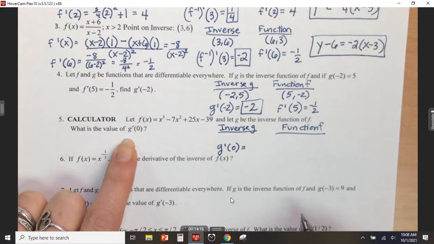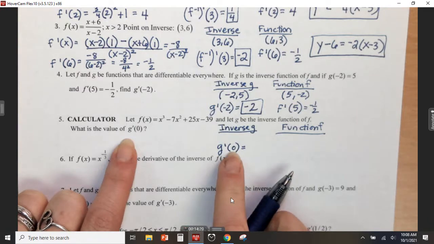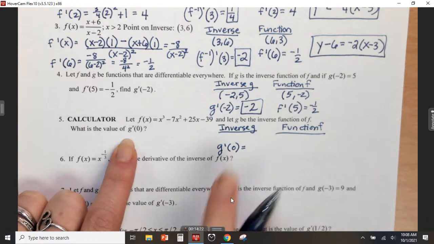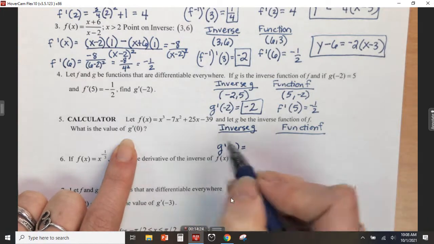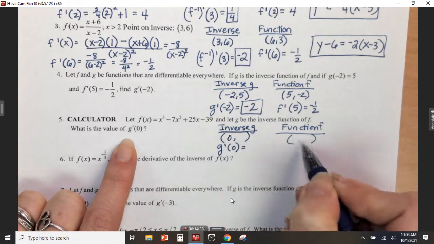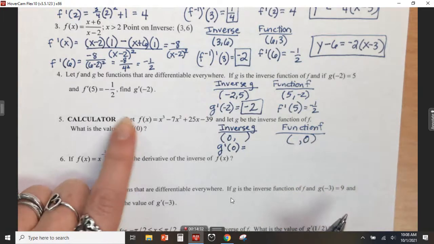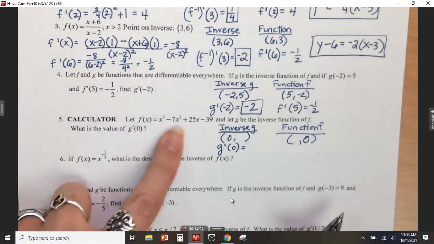They didn't give us any points. So this 0 belongs where in the inverse point? X. It's the x of the inverse point, which means where does it belong in the original function? It's the y of the original function. Well, we actually do have a function here.